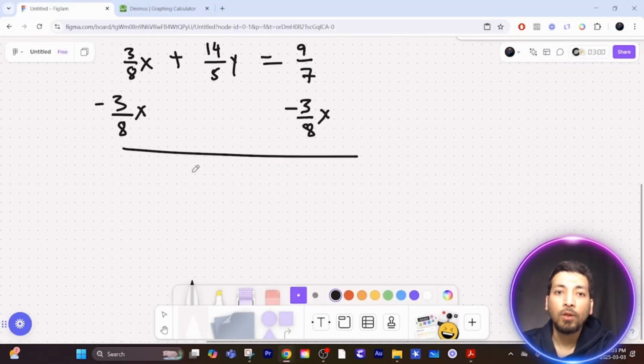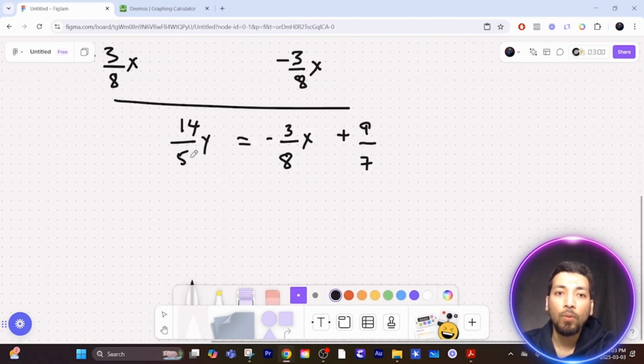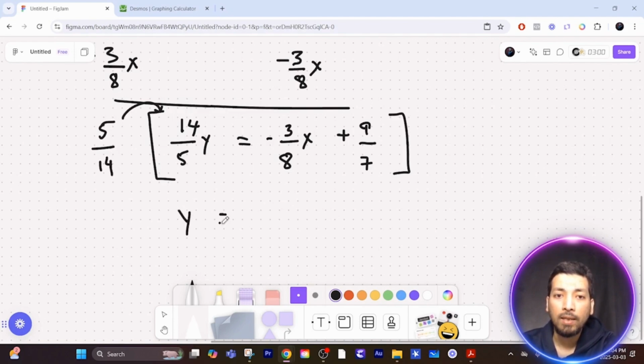We have 14 over 5y is equal to negative 3 over 8x plus 9 over 7. So now to get the y, I just need to multiply both sides by the reciprocal of the coefficient of y, which is 5 over 14. If you multiply this, it's just y.